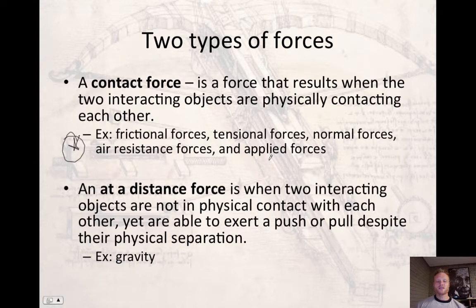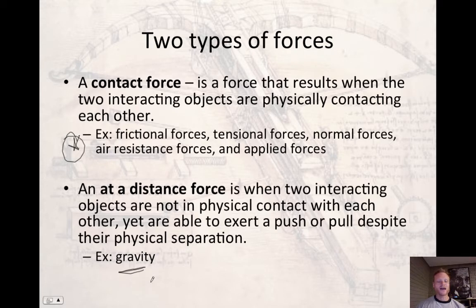The other type of force is what I call an at a distance force. And basically that means that the two objects are interacting with each other, but they're not actually physically touching each other. And for first semester physics, the one example we're really going to see is gravity. We all know that you could be up in a plane, but the force of gravity is still acting on you, even though the Earth isn't actually physically touching you.